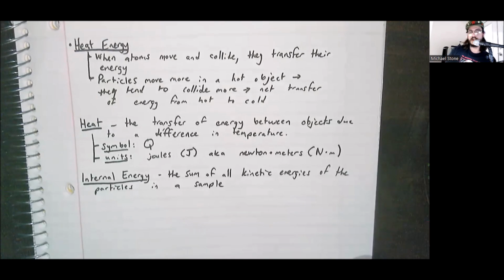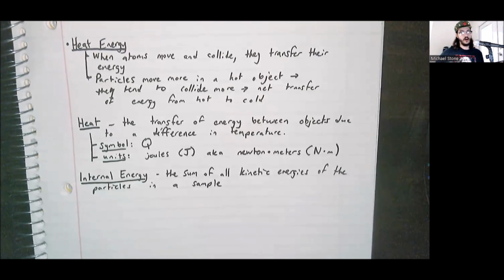You can make an argument that internal energy ought to include stuff like the energy potential from the strong nuclear force holding protons together against their repulsion, or it should include the gravitational attraction between the electrons and the nucleus or something, but we're ignoring all of that.